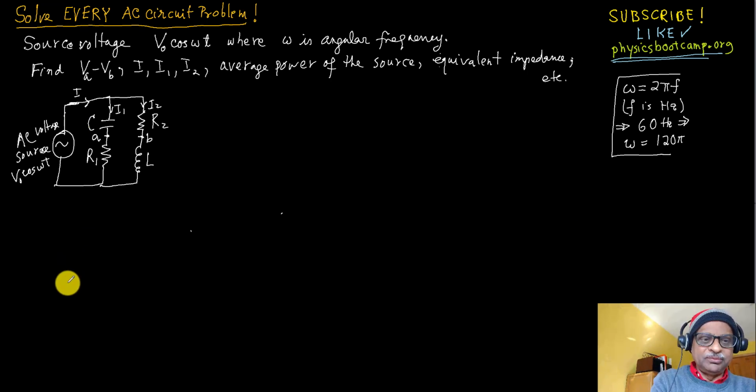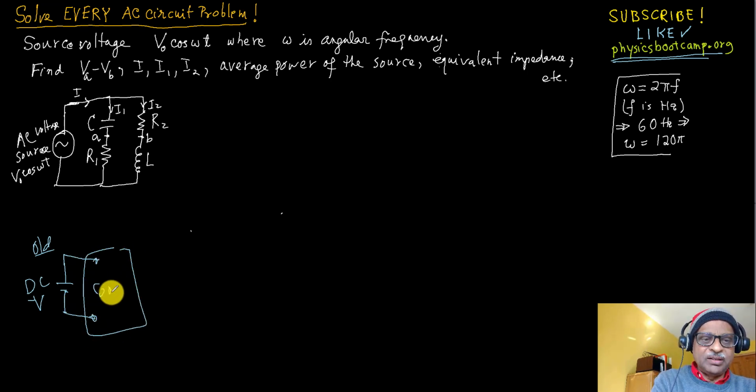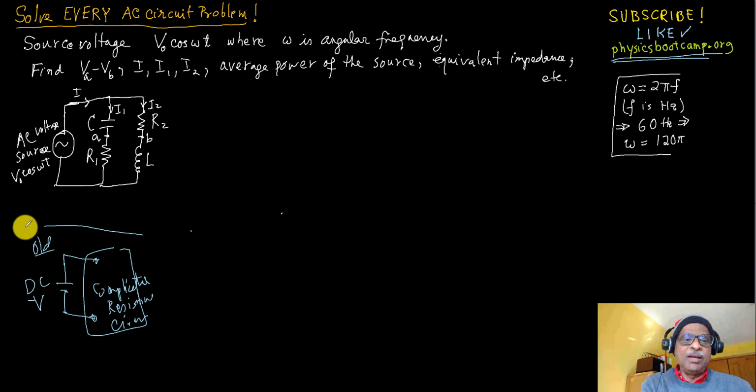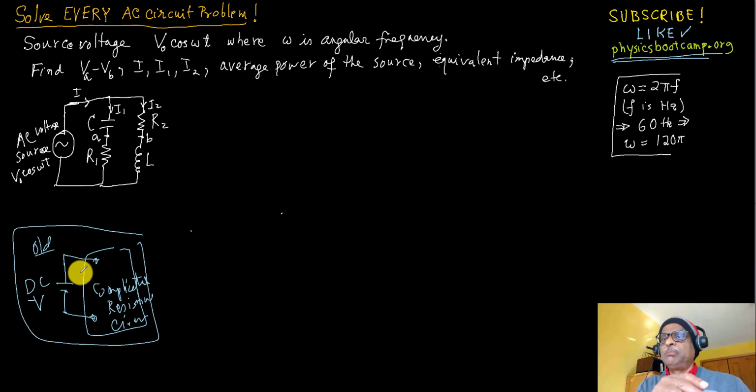This is the old problem: if I give you a DC voltage, some V, and I give you a complicated resistive circuit, just resistance, I expect you to solve that problem by now.